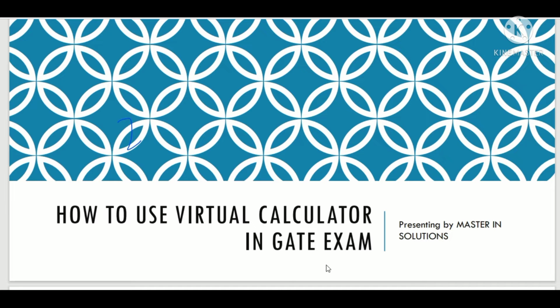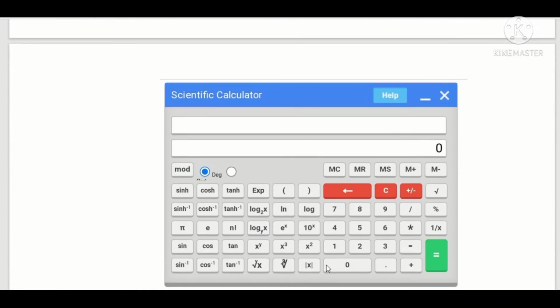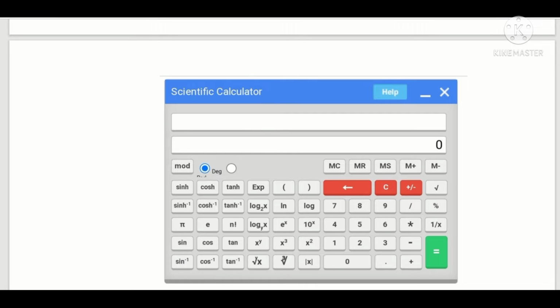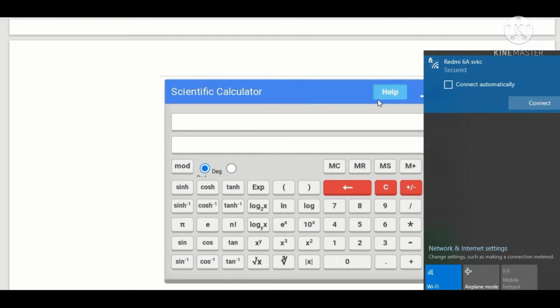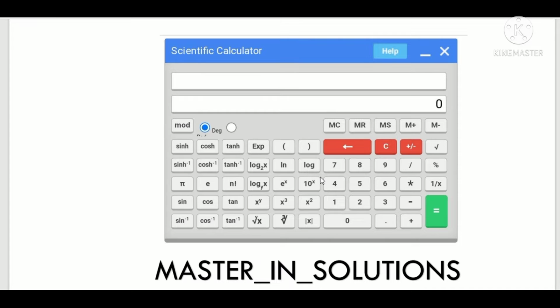Let me tell you about this. This is our scientific calculator, or virtual calculator, which you are going to see on the computer in the examination.